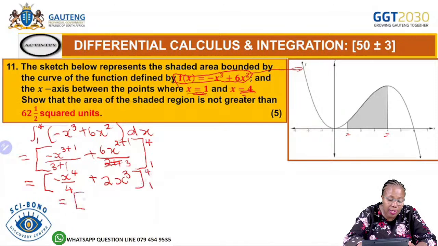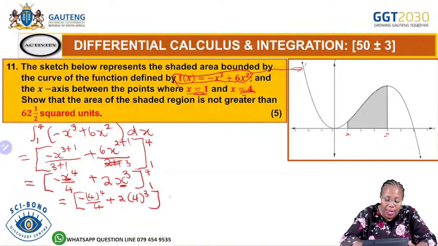First bracket, it will be minus, we start with the upper limit, the bigger one, that is minus 4 to the power 4 over 4. We are going to substitute the x's now. And then plus 2 into 4 cubed, that is the substitution of 4. And then minus, we now substitute a 1. That will be minus 1 to the power 4 over 4.